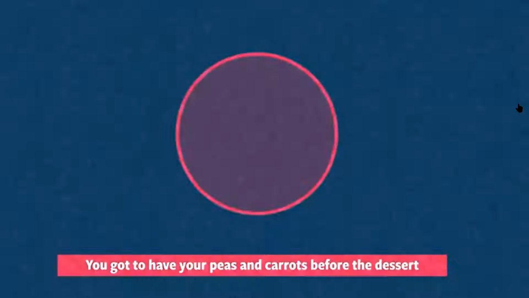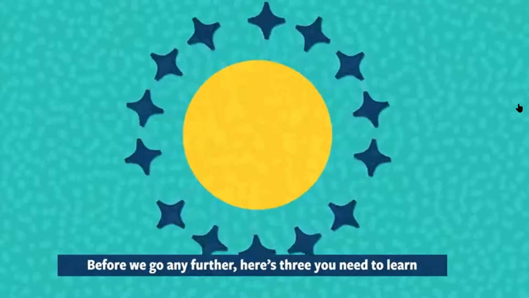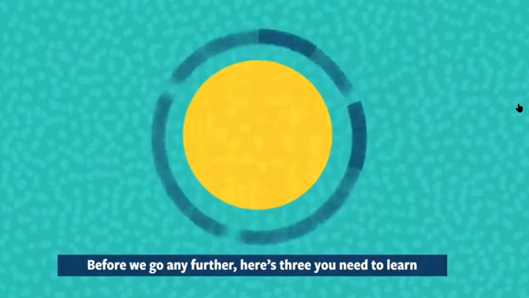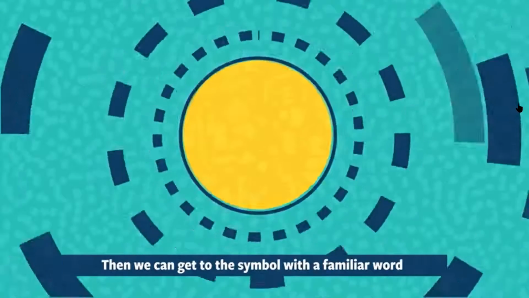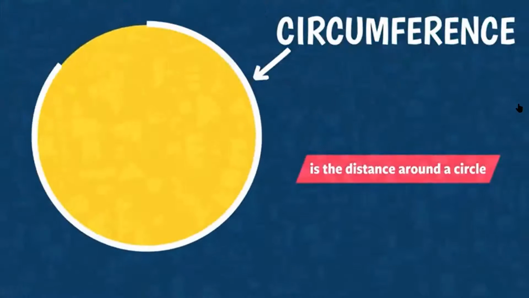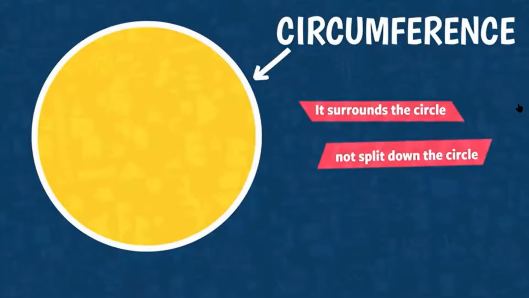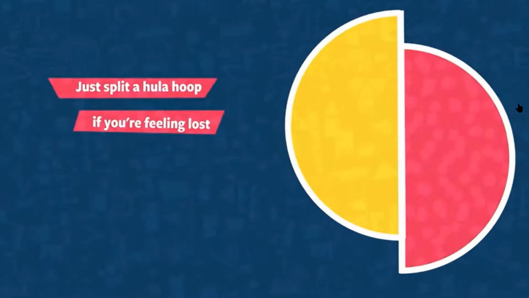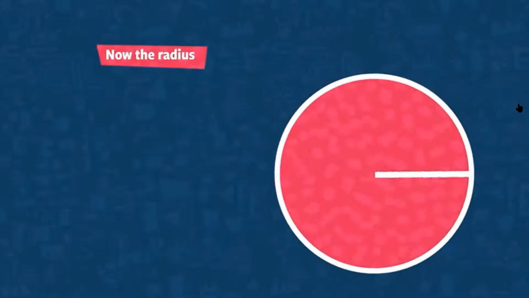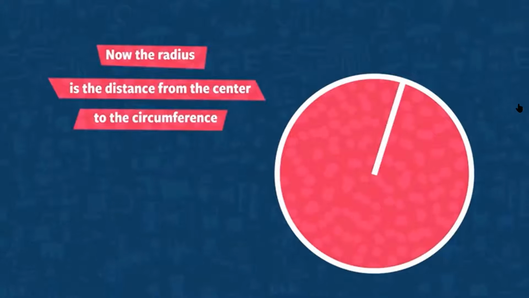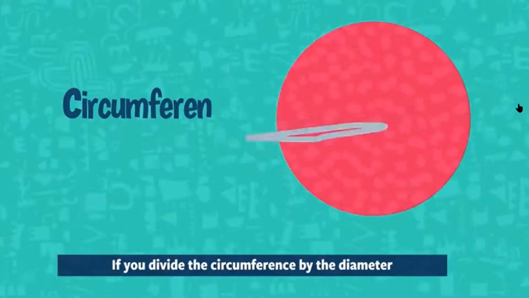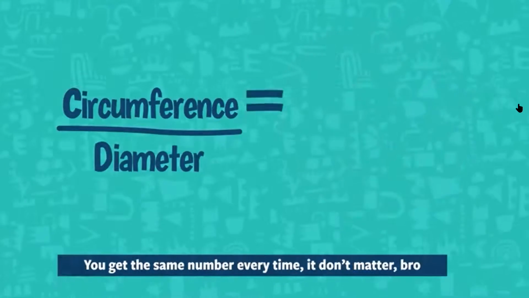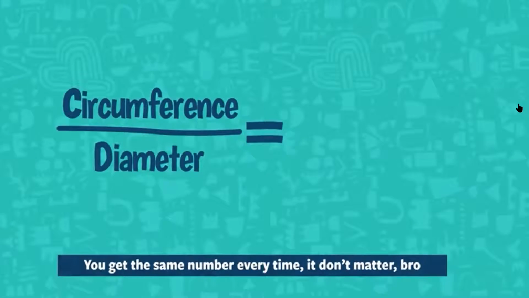You gotta have your peas and carrots before the dessert. Before we go any further, history you need to learn. Then we can get to the symbol with the familiar word. Circumference is the distance around a circle. It surrounds the circle. Now split down the circle. That would be diameter, the distance across. Like splitting a hula hoop, if you're feeling lost. Now the radius is the distance from the center to the circumference. If you divide the circumference by the diameter, you get the same number every time. It don't matter.